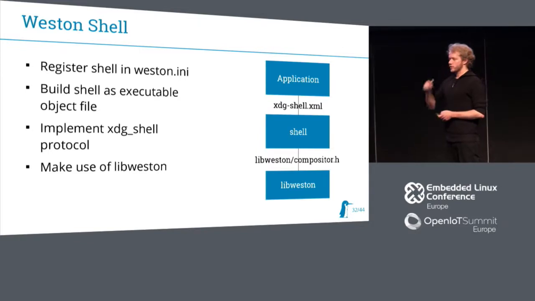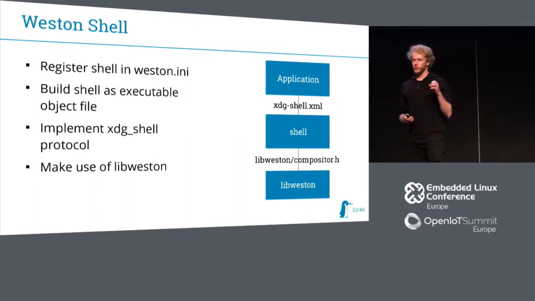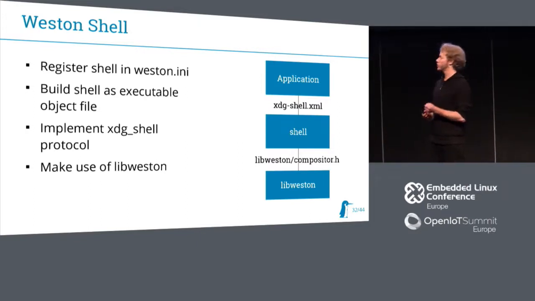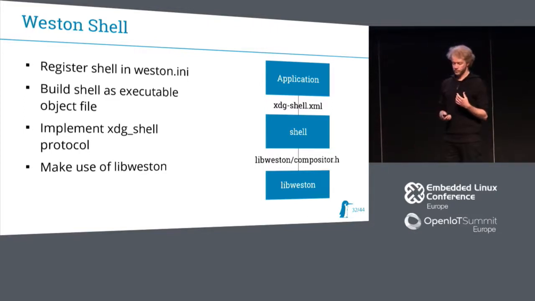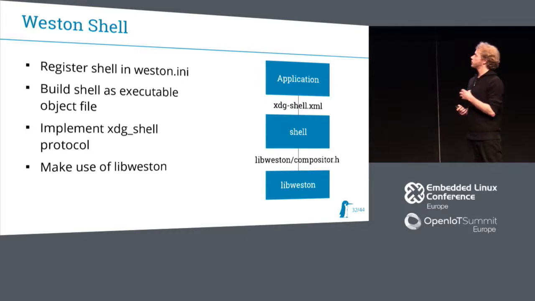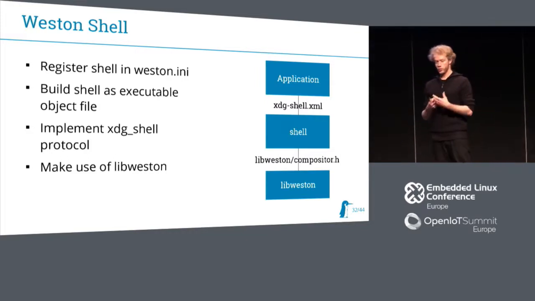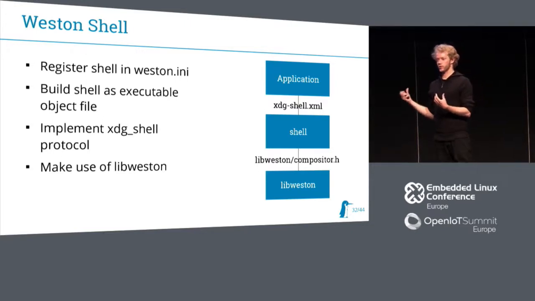In order to write a desktop Weston shell, you go to the weston.ini configuration file. There you have a shell property, and there you can put your own shell as a string. Behind the string will be an executable object file, which is loaded by Weston. And in this loadable object file, you implement the XDG shell protocol, and then you use libweston to actually talk to the compositor.